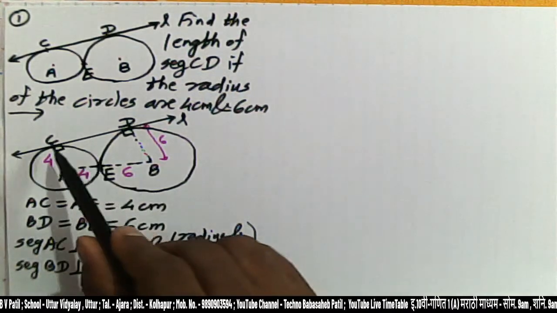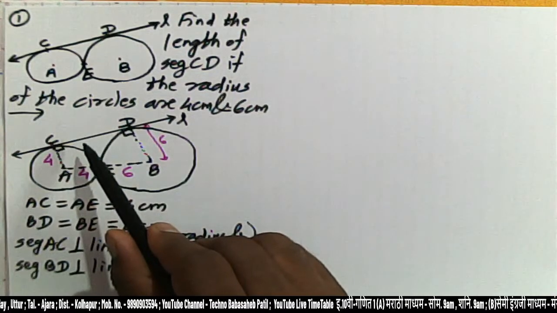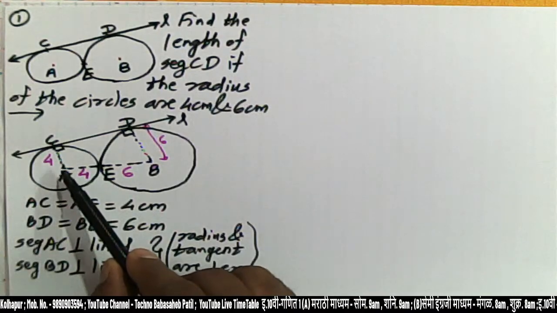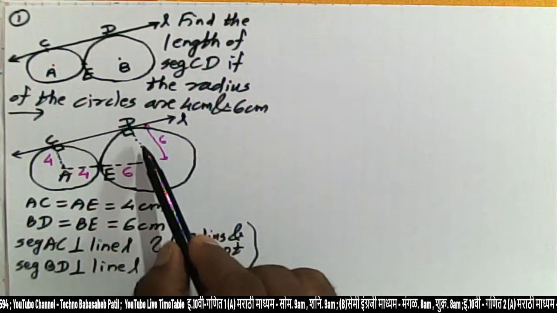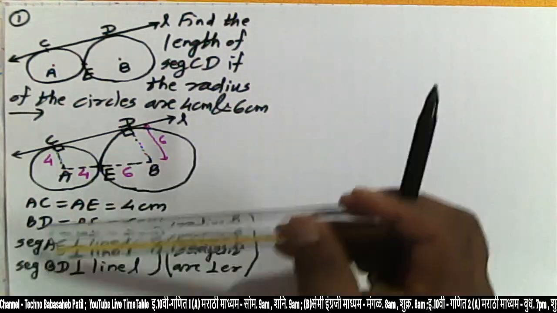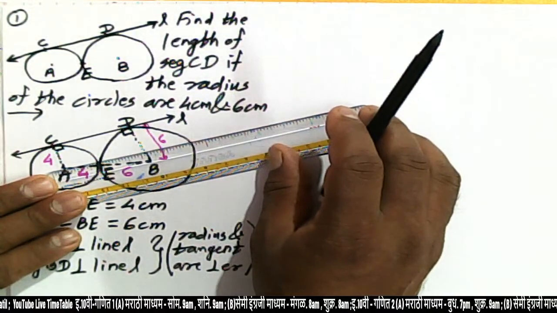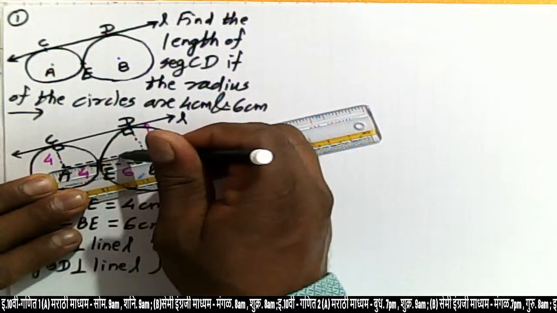Then here we want distance CD. For that purpose, draw a perpendicular from point A to segment BD. We draw the perpendicular in this way.